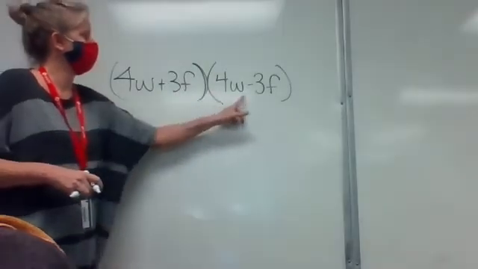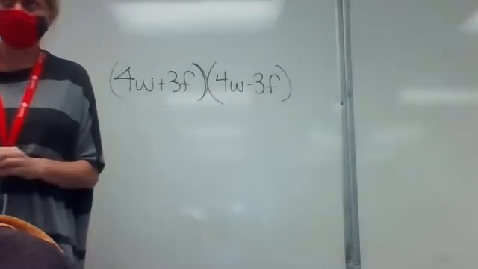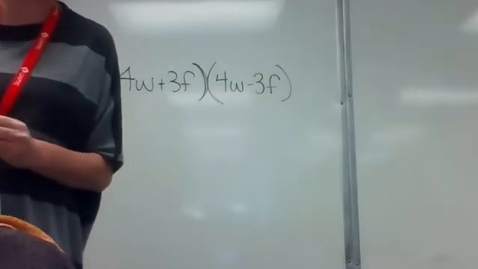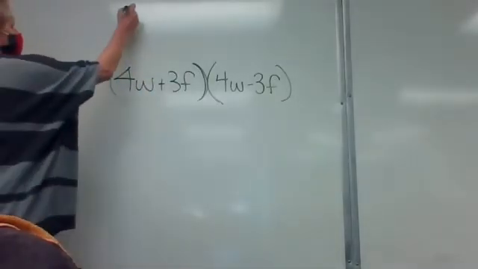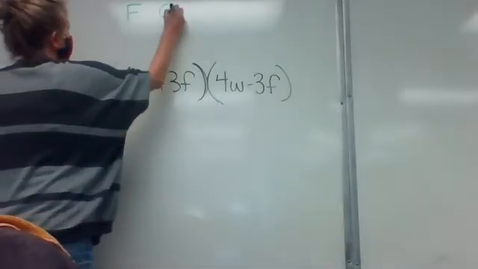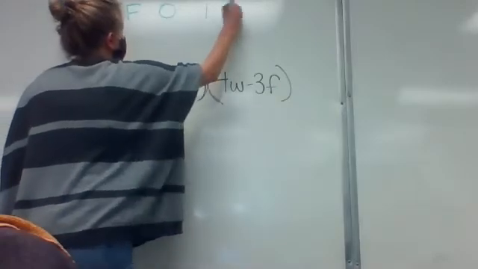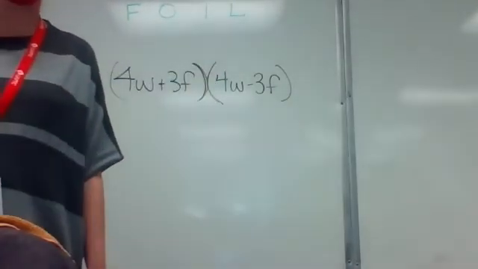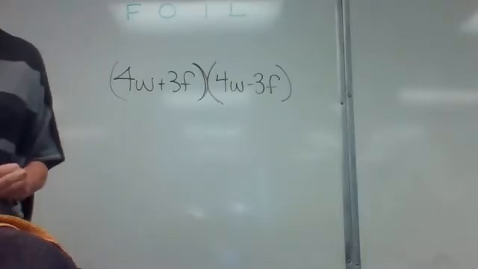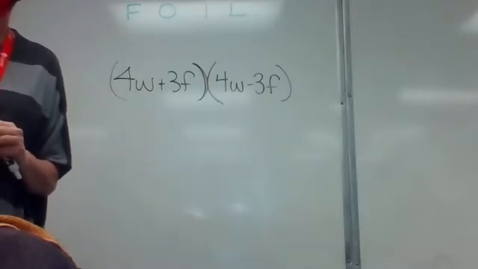So two terms here, two terms here. When you have two terms, you're called a binomial. So that's why this FOIL acronym is what a lot of times you'll hear people say when they're multiplying two binomials together. They'll say, oh, we need to FOIL this.